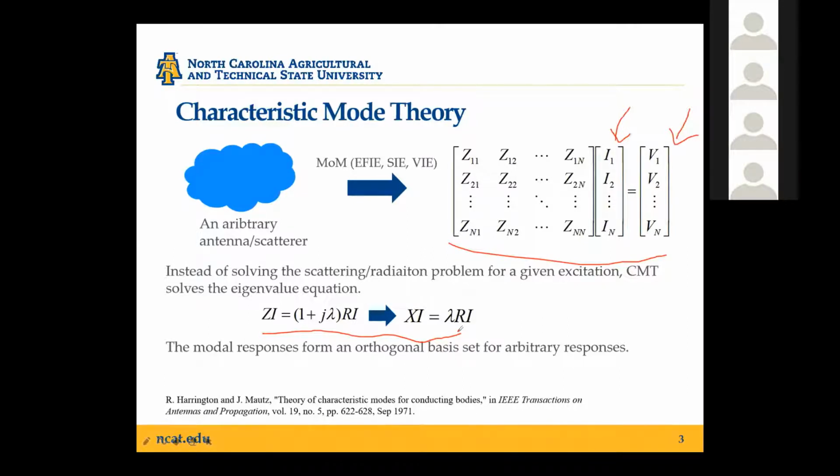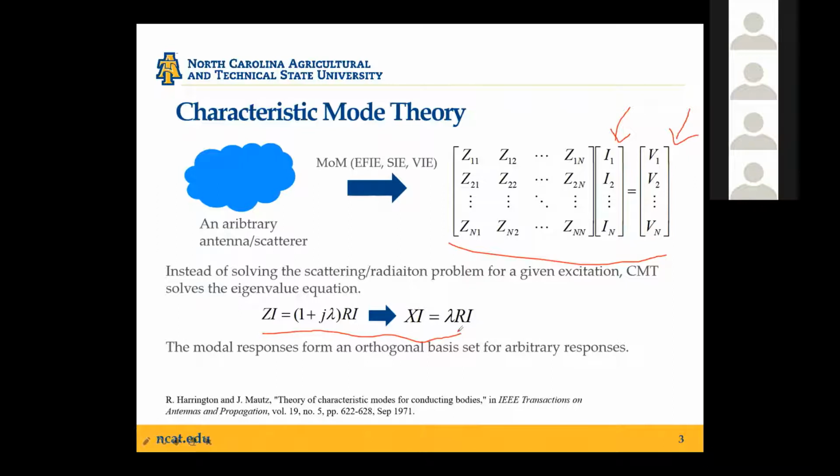By solving this generalized eigenvalue equation, we arrive at a set of modes, what we now call characteristic modes, and they have the property of having currents orthogonal on the structure and the far-field patterns orthogonal as well. And the neat thing about characteristic modes is once you solve the structure and obtain the modal responses, you can pretty much expand the response for any arbitrary excitation.